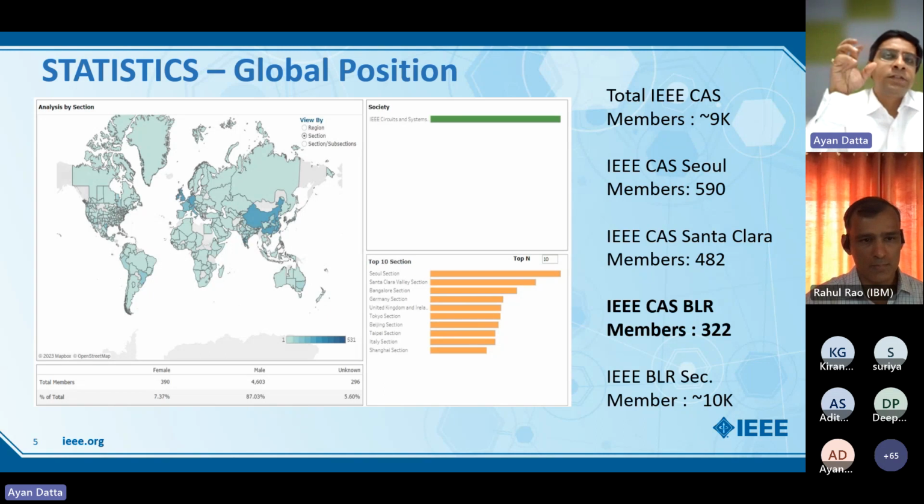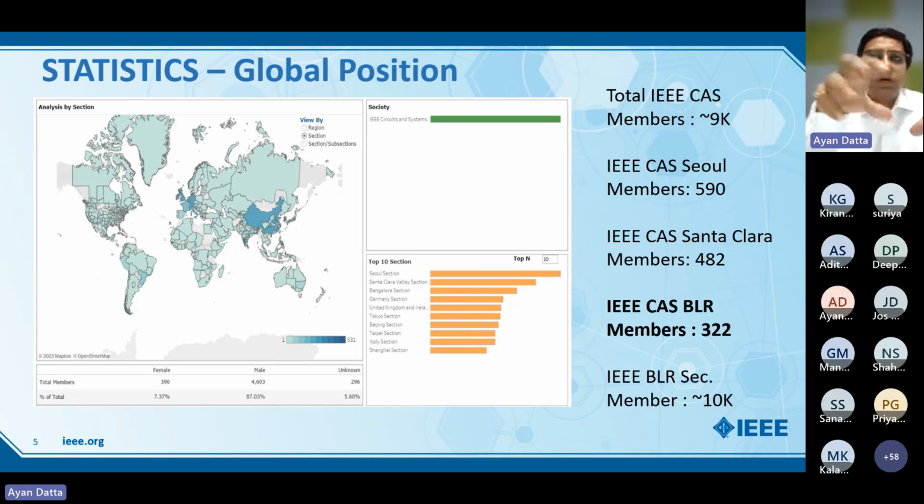The way it works is CAS has its own sub-modules, or you can call it local presence across the globe, and they call it a chapter. And the Bangalore chapter is one of them. The work done locally is to develop the local ecosystem in the area of circuits and systems, right?